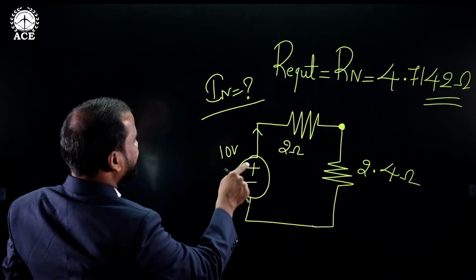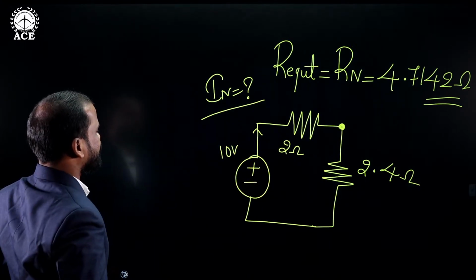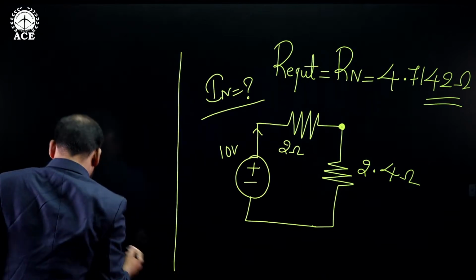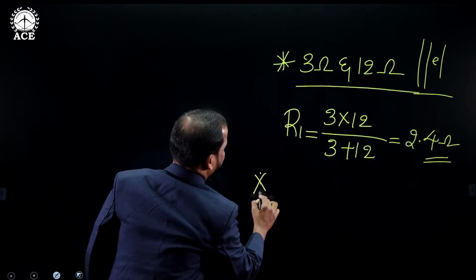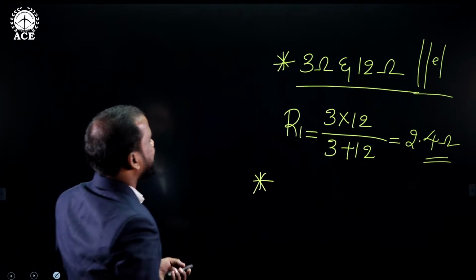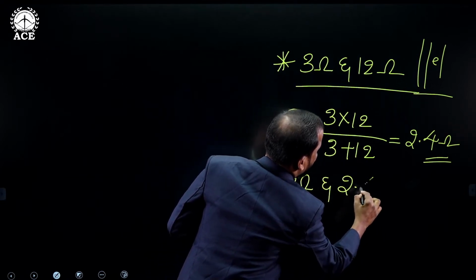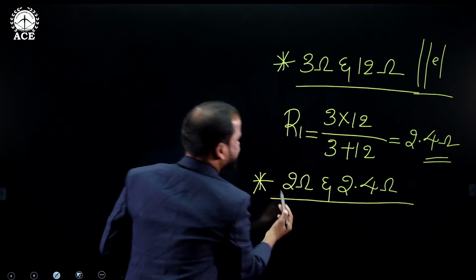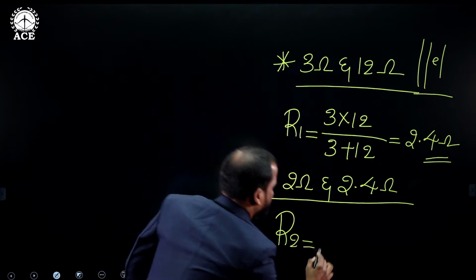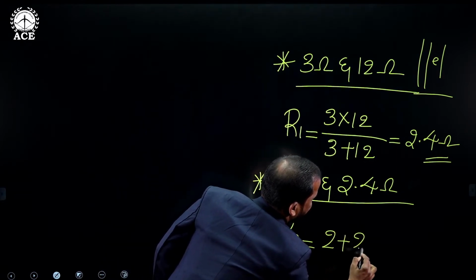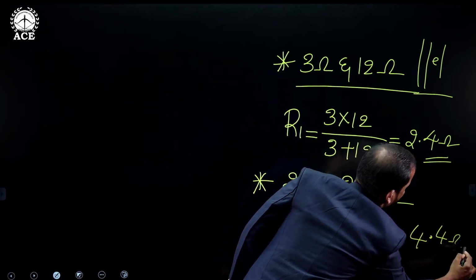After replacing, the 2.4 ohms is exactly connected in series with the 2 ohms. So 2 ohms and 2.4 ohms are both connected in series. I am using the name R2 for the new resistance value, so R2 is equal to 2 plus 2.4, which is 4.4 ohms.